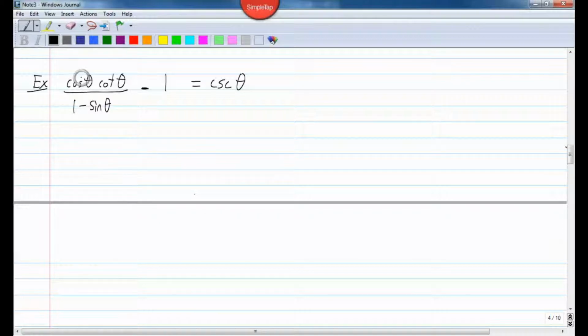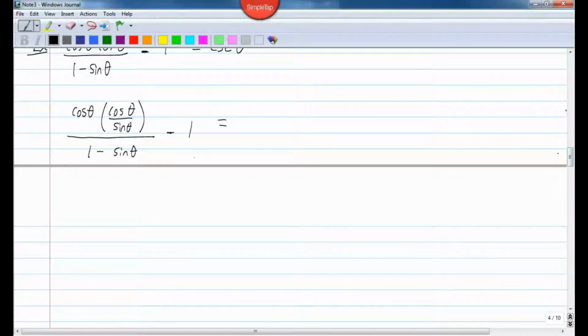Alright, what if I did change everything in terms of sine and cosine? So then I would have cosine theta times cosine theta over sine theta over 1 minus sine theta minus 1 equals that. So this would allow me to do one thing that I know of.